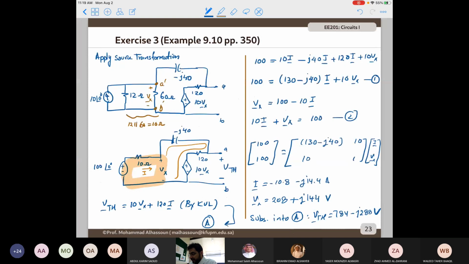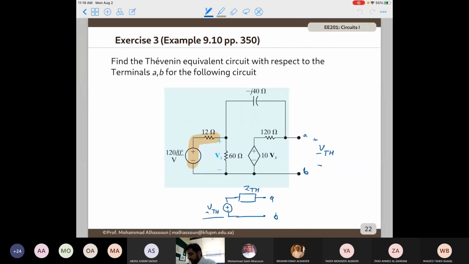The first step I need to do is deactivate all independent sources. I have one independent source, which is 120.